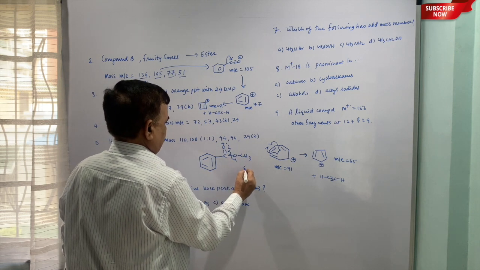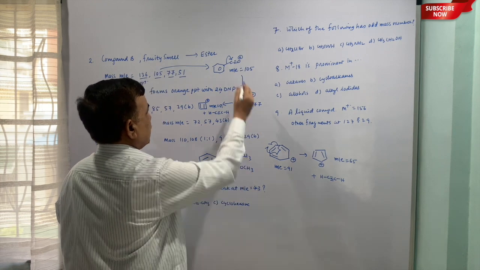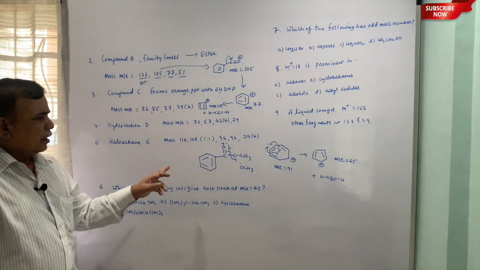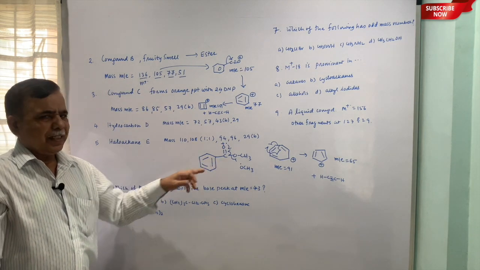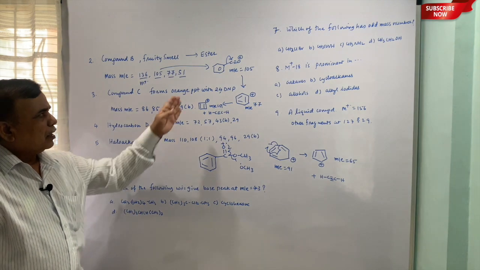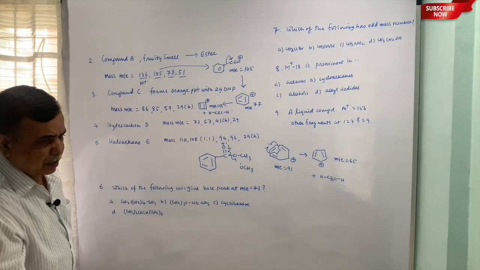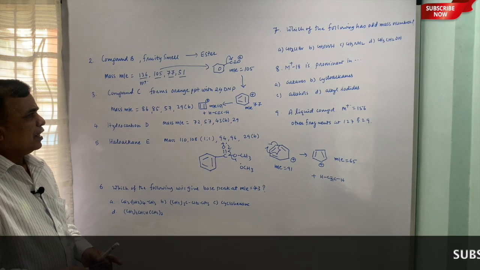So this is losing OCH3 radical, and of course it is giving rise to the acyl ion, that is weighing 105. So 77 plus 28, that is 105, and subsequently this becomes 77 and 51 respectively through the loss of neutral entities.